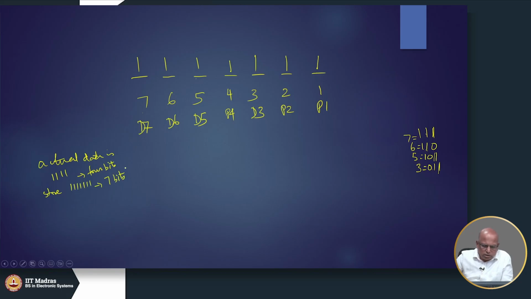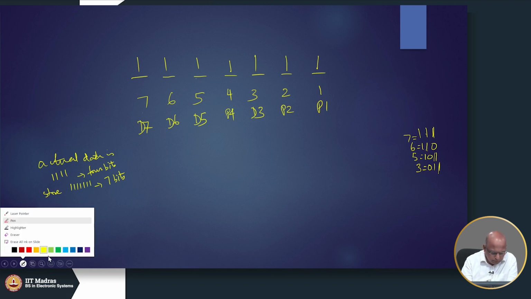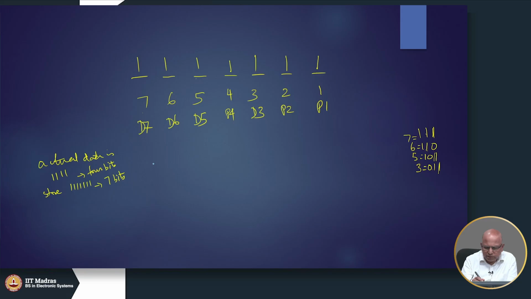We have 3 more bits to store. Now, suppose when we retrieve the data from the memory, one bit went wrong, let us say this 1 went wrong. So this became 0. So it is a bad fault.